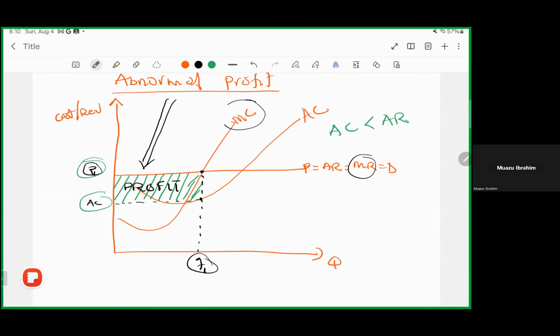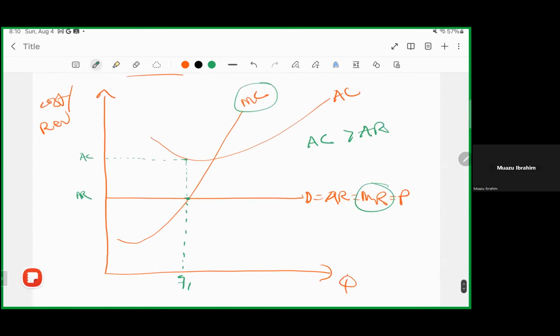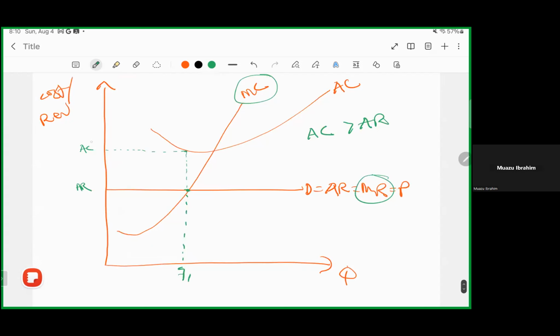So you are making profit because your cost is less than your revenue. But this side, your cost is greater than your revenue. So the loss would be this side. So this is a situation where firms make loss. So this is the loss part.